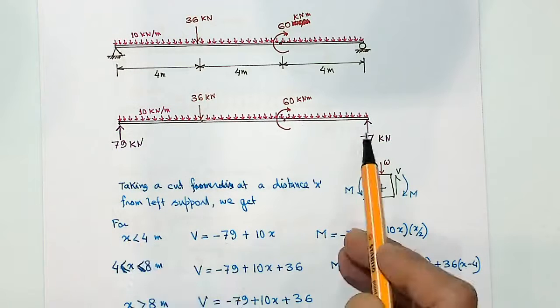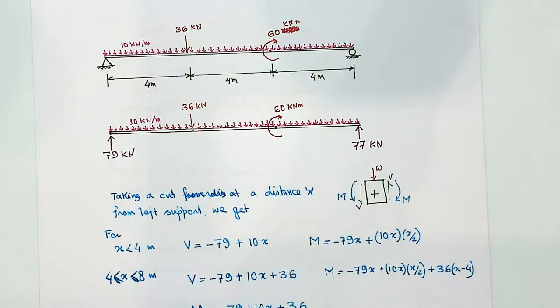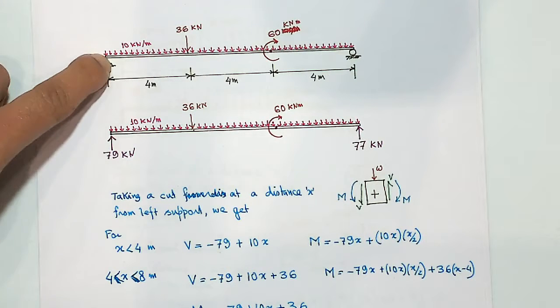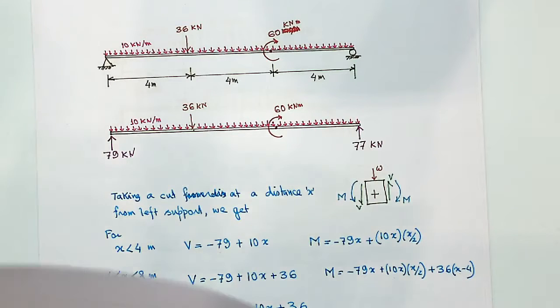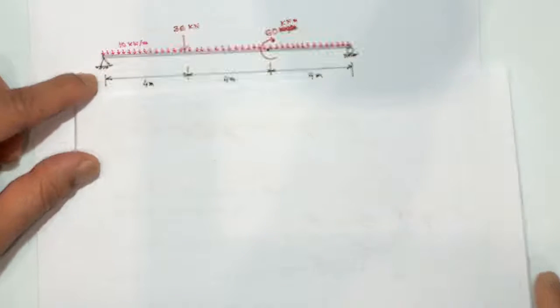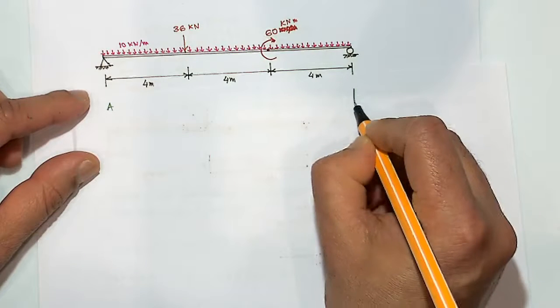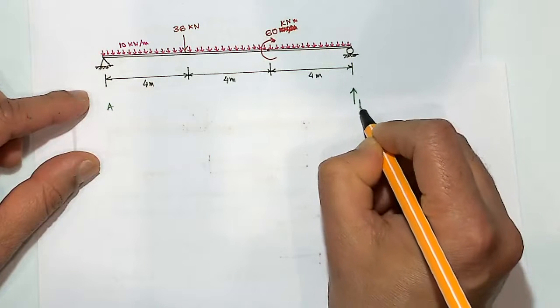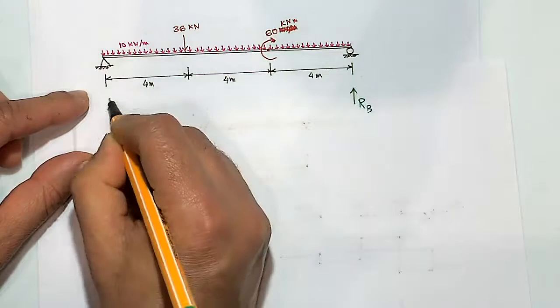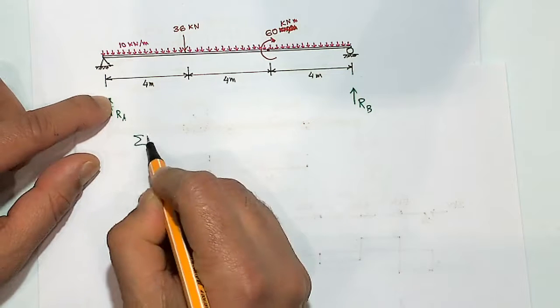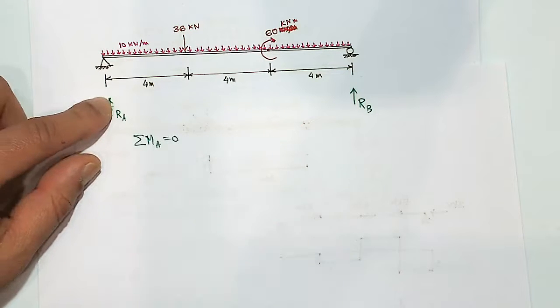Make sure that you get these values, so take moment about this point. Let's say this point is A, this reaction is RB, and this reaction is RA. So take moment about point A equal to 0 for all the forces.